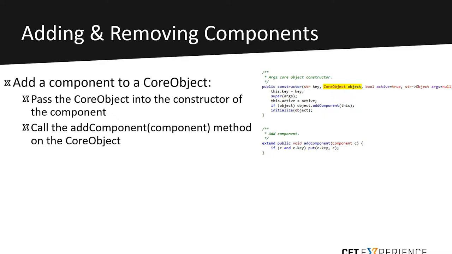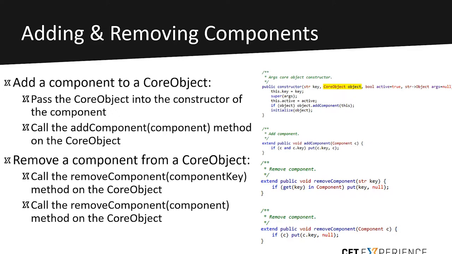So I just pass it into the constructor and it seems to work fine from there. So if you know right off the bat what core object you want to add the component to, I would recommend just passing it into the constructor and moving on. But again, add component is another option if that's not feasible at the time you construct the component.